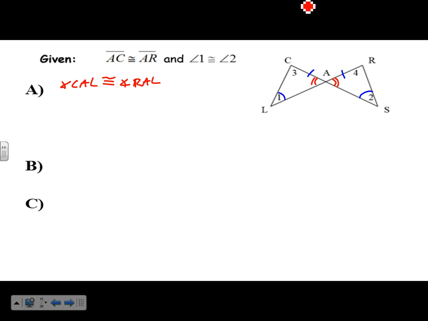Sorry, I mixed up triangle and angle there. My apologies. And I know that because of the vertical angle theorem, or if you just put vertical angles or vert angles, whatever you need to do. So now, since we know that, I know that triangle CAL is congruent to triangle RAS.